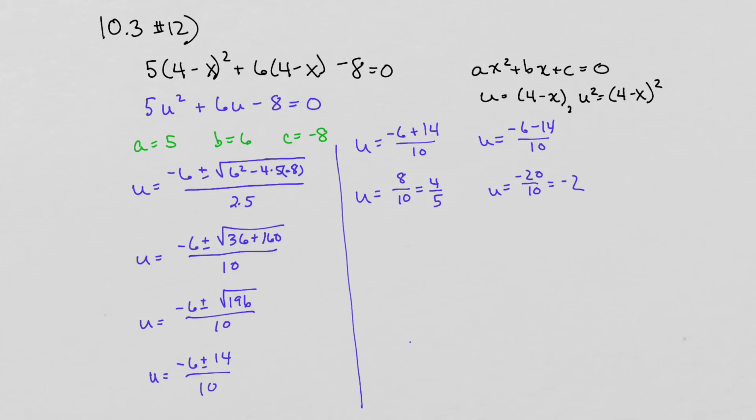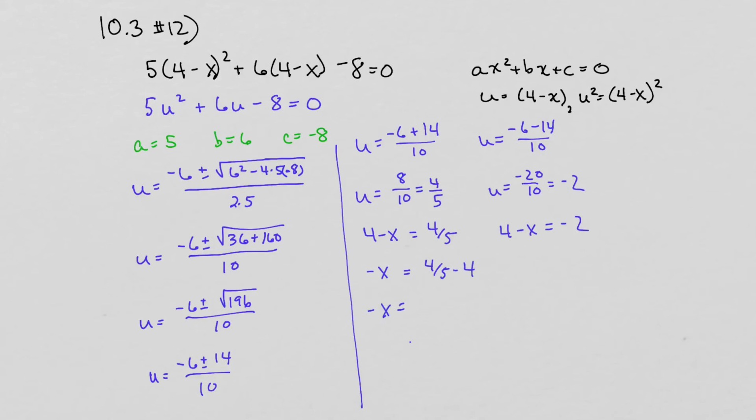Now to finish up, we go ahead and find the x that makes that true. So the 4 minus x was the u, so 4 minus x is 4/5, or 4 minus x is the negative 2. So let's get the x by itself. We'll add negative 4 to both sides.